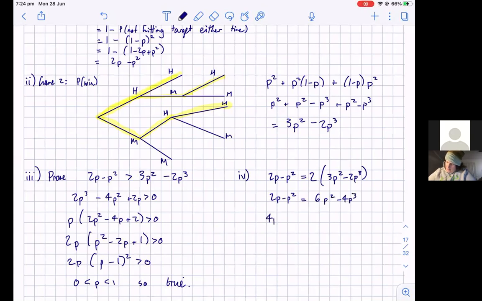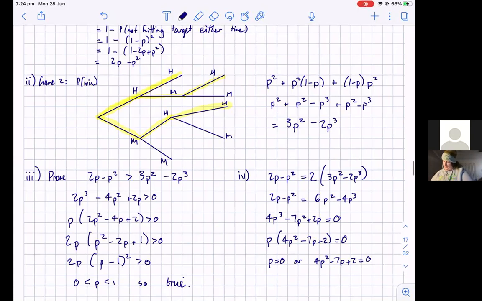So we've got 4P cubed take 7P squared plus 2P equals 0. So we're trying to find the actual answer for P. Let's take P out the front. 4P squared take 7P plus 2 equals 0. So P equals 0, or 4P squared take 7P plus 2 equals 0.